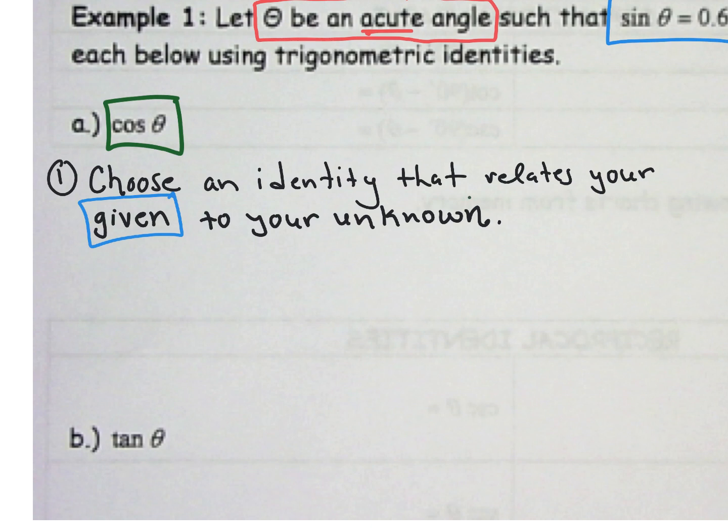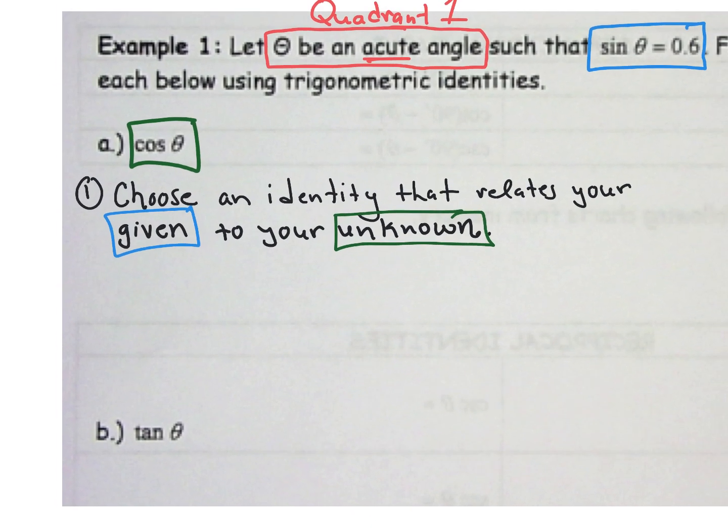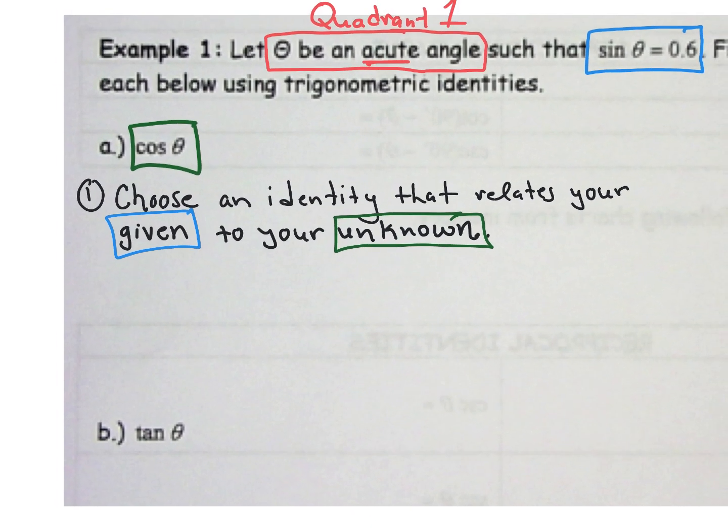And in this case, my unknown is the cosine of theta. So what am I trying to say here? In step 1, I need to find an identity that has in it the sine of theta, because that's what I know. And my unknown is the cosine of theta. That's what I don't know.